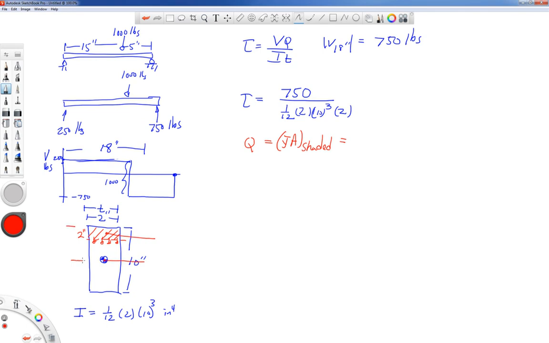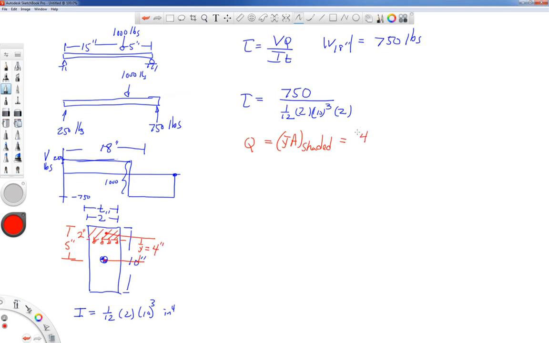Now from here to the centroid is 5 inches. So the whole thing's 10 inches tall. The centroid lies 1 inch from the top of the beam because it's in the middle of the 2-inch shaded area. So that means the distance from the centroid to the centroid of the shaded area, that Y bar that I need, is going to be 4 inches.